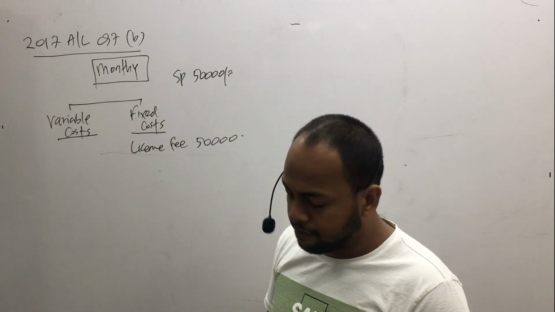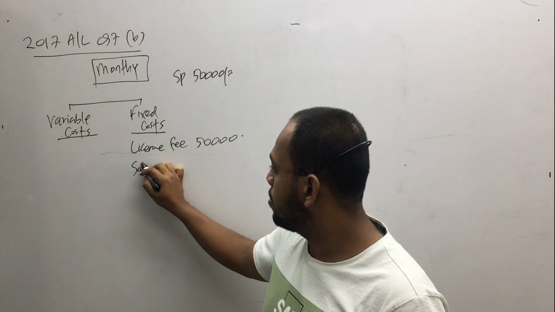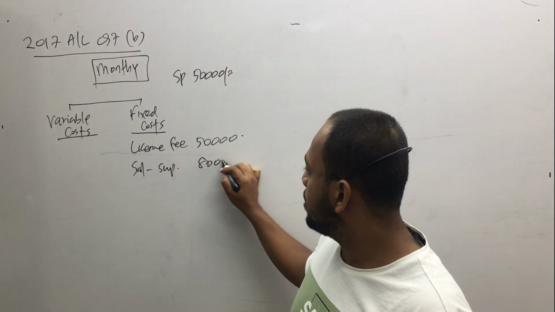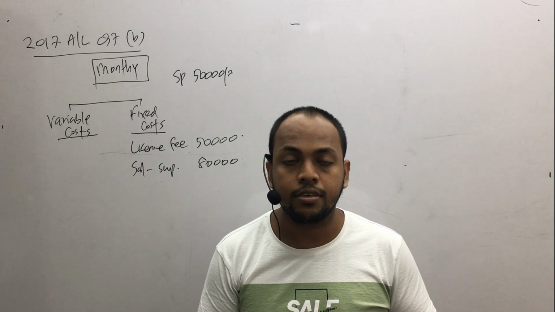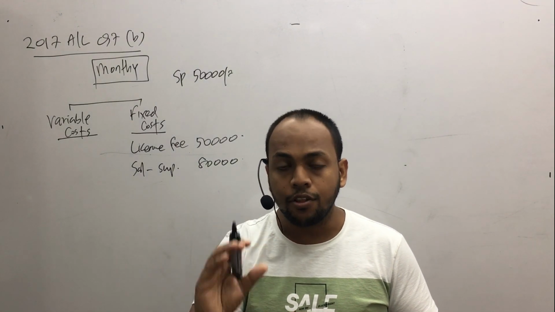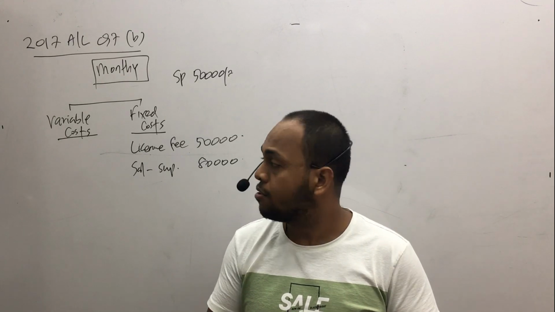Salaries for the supervisor, 80,000 per month, is also a fixed cost. Monthly payments are fixed costs. If we are paying per number of units, then it's a variable cost.